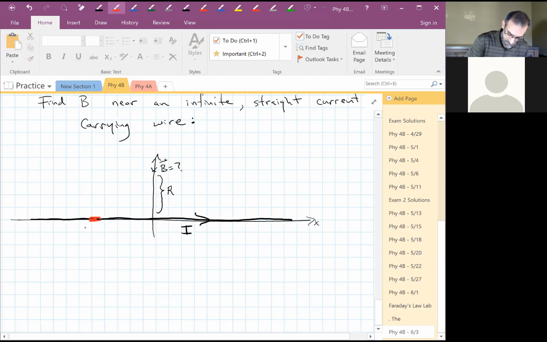This is going to be ds, and its points, ds points in the direction of the current. Right? It's a vector. It has direction associated with it.